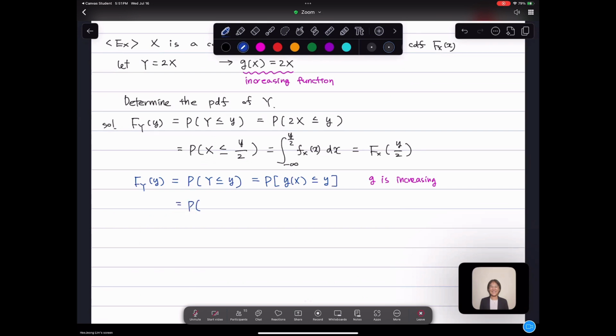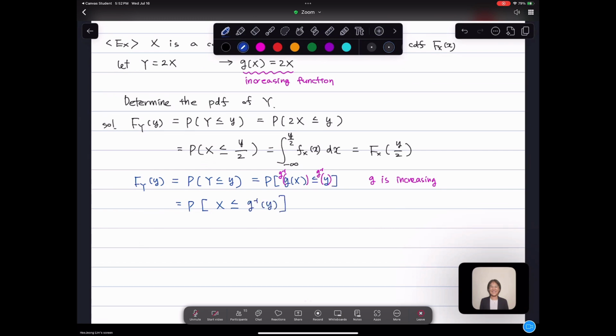I can take the inverse on each side, g inverse of this and g inverse of this, which is what I just did with the numbers there. The function itself is increasing, so my probability that your x is less than or equal to g inverse of y.